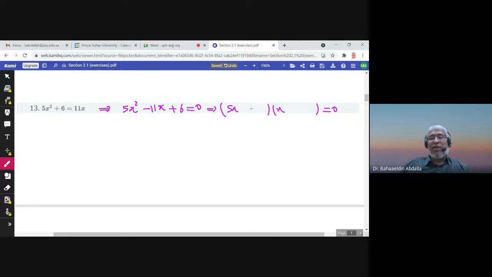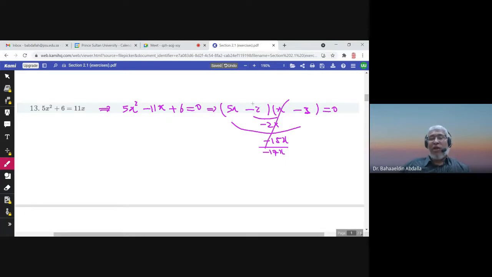If you write it plus minus, this is minus. If you write it minus 2 and minus 3, then minus 2 times minus 3 is plus 6. So that's okay. You factored plus 6 to two numbers, negative 2 times negative 3. But the problem with this is negative 2x, that's the inner, and negative 15x, that's the outer. So negative 17x should be in the middle, but we do not have negative 17. We have negative 11.